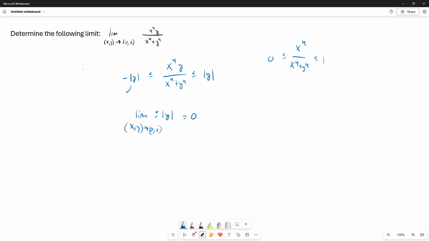And if both of these limits are 0, then by the Squeeze Theorem, the function in the middle must be headed to 0 as well. So this limit is 0 as soon as we can convince ourselves of this compound inequality.